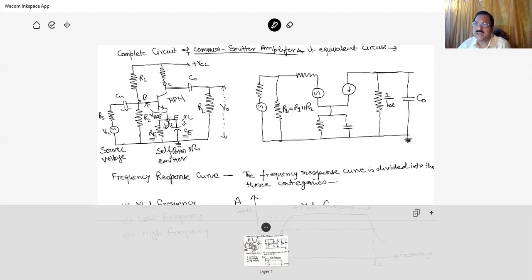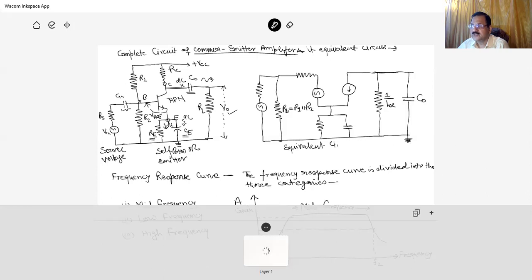This is RC, the collector resistance. This is the load resistance, and here is the coupling capacitor, so only the AC signal is passed and the DC is blocked. There we can take the output from this part. Now the equivalent circuit: this is the equivalent circuit of the common emitter.